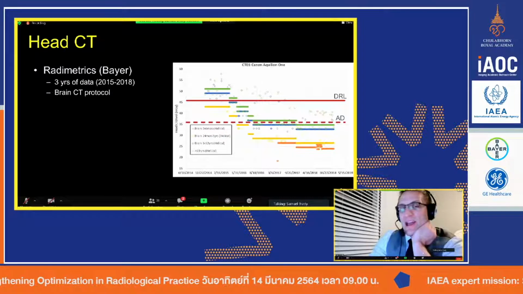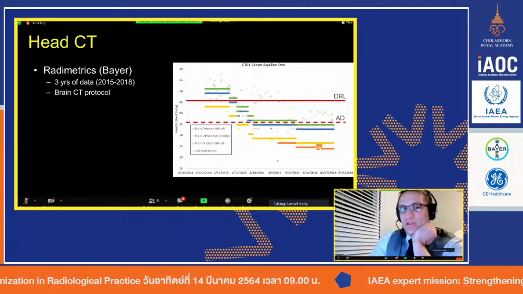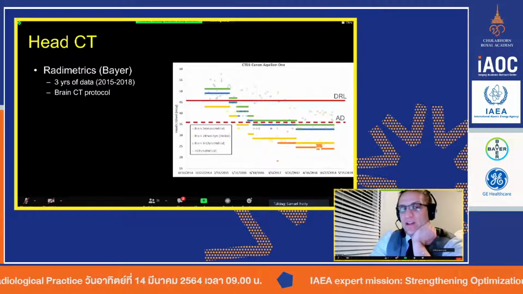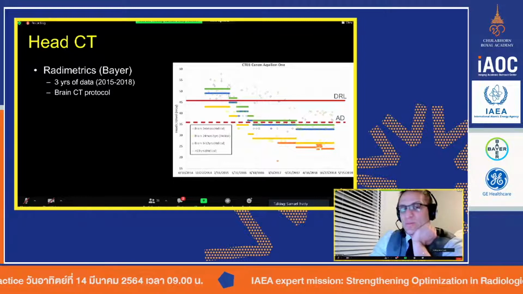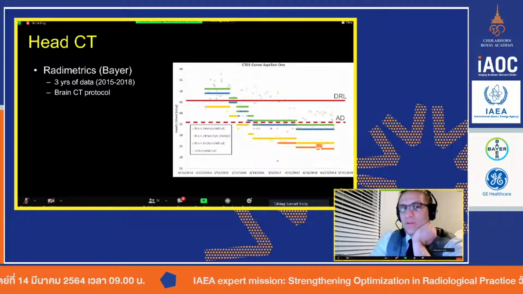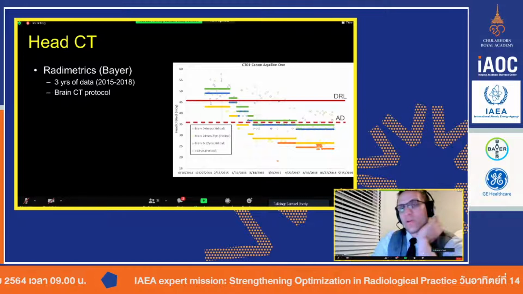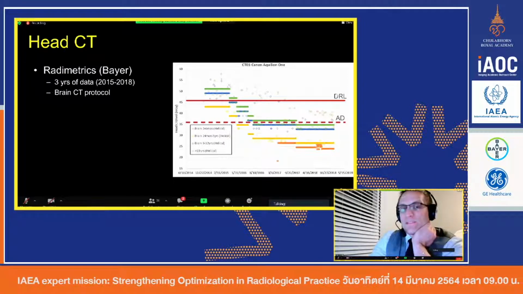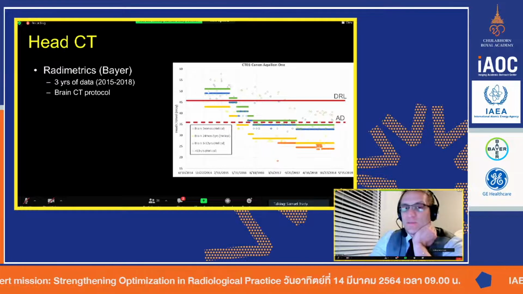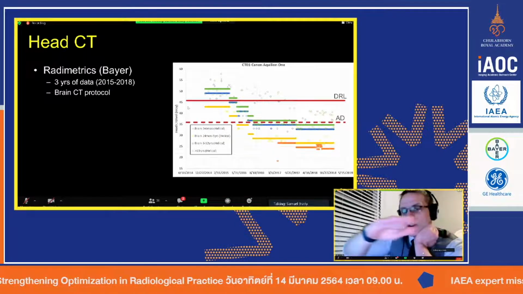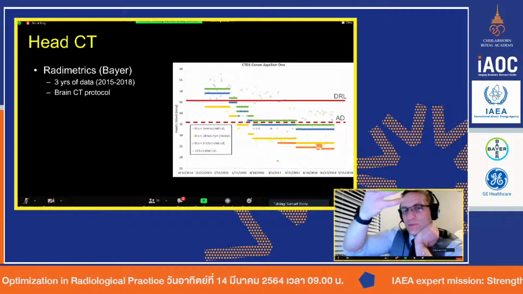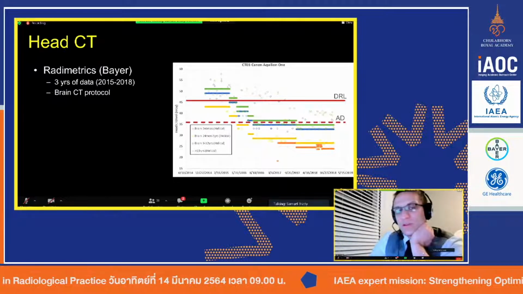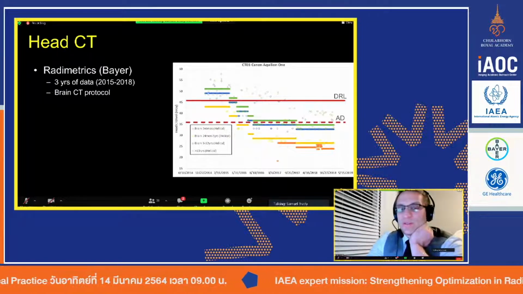Our average greater than 13-year-old and our average 6 to 12-year-old protocols were above what we would, quote unquote, call a pediatric DRL. When you actually draw that DRL line and start looking at your protocols above and protocols below, we realized we didn't feel comfortable with that.